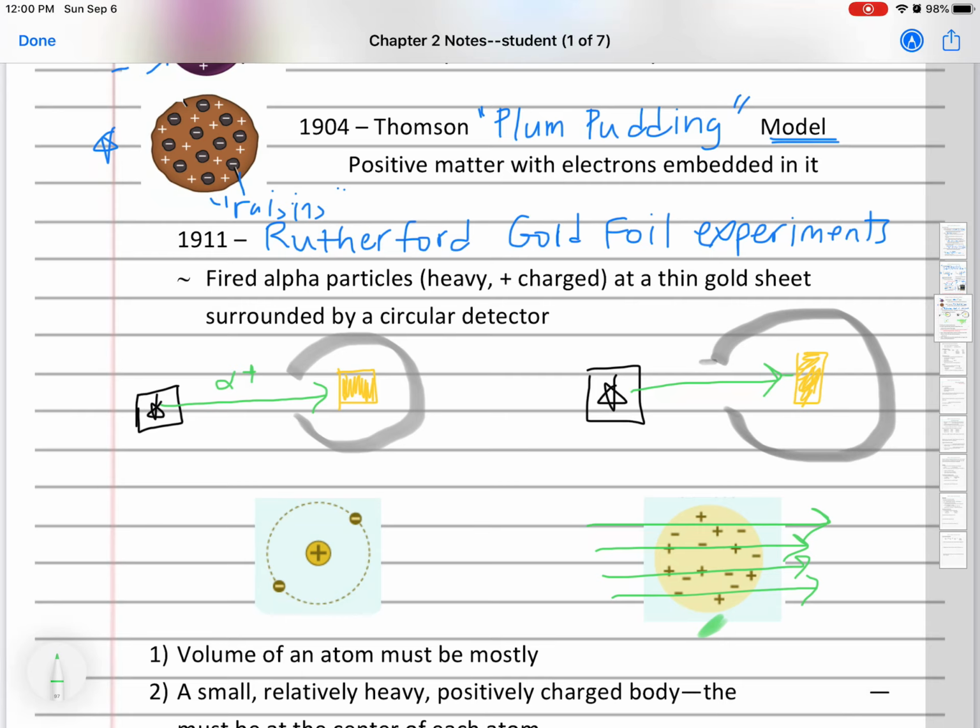So the prediction, if Thomson's model was correct, was that the rays would go through with maybe a little bit of deflection, but they'd pretty much all be found on this part of the screen here.